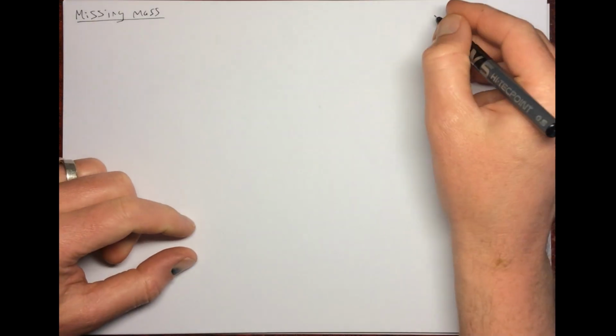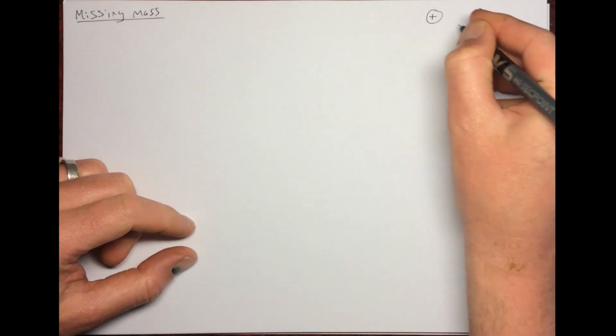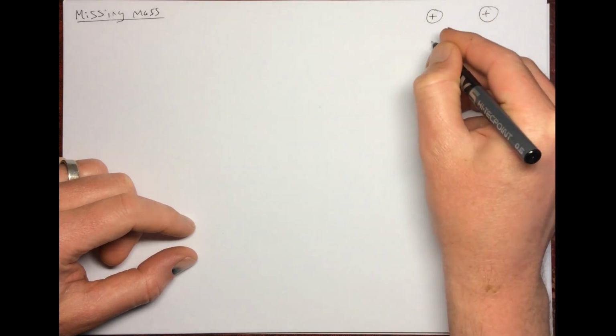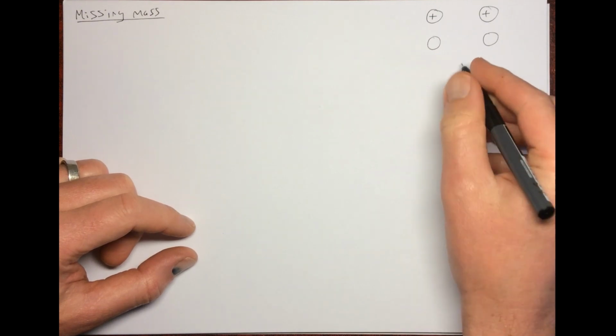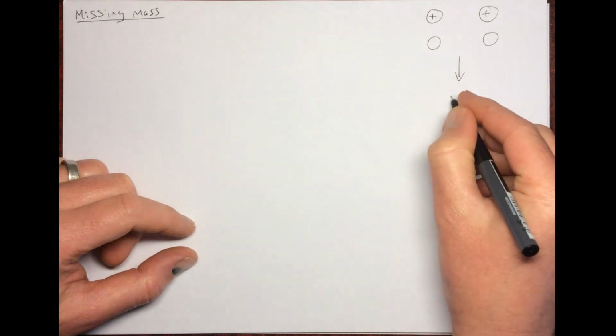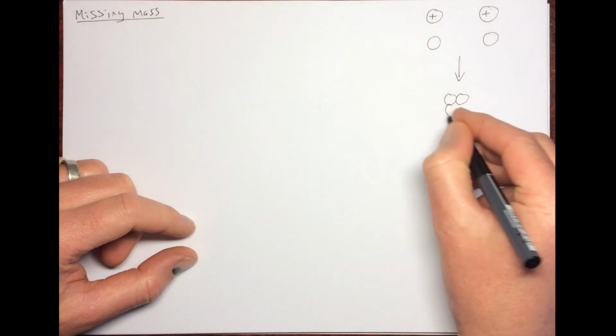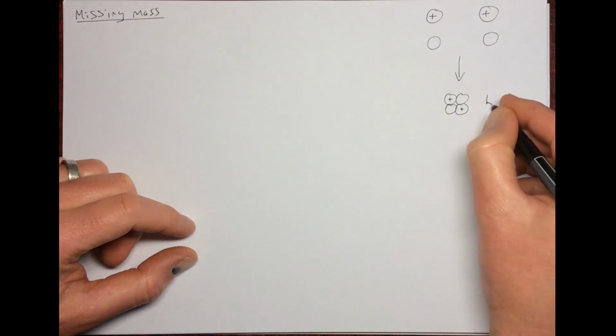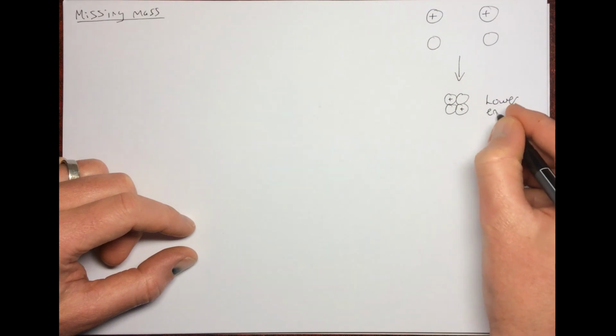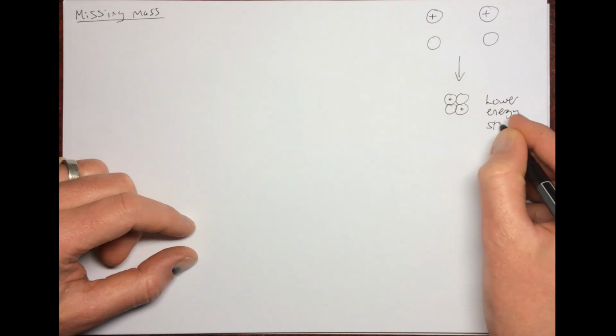We've talked about the fact that when you take two individual protons and two individual neutrons that are separated by a large distance, and you put them together to make a helium nucleus, we know that this is in a lower energy state.